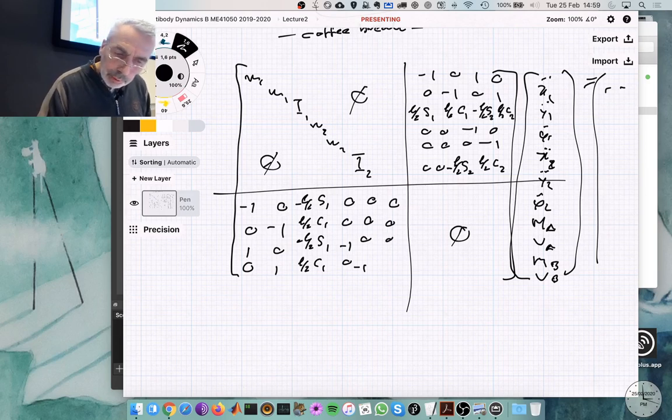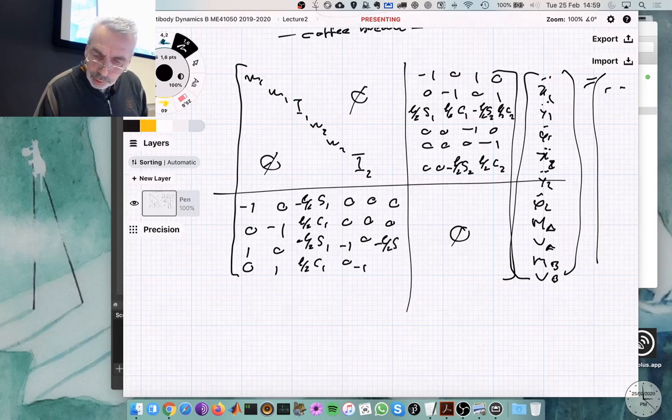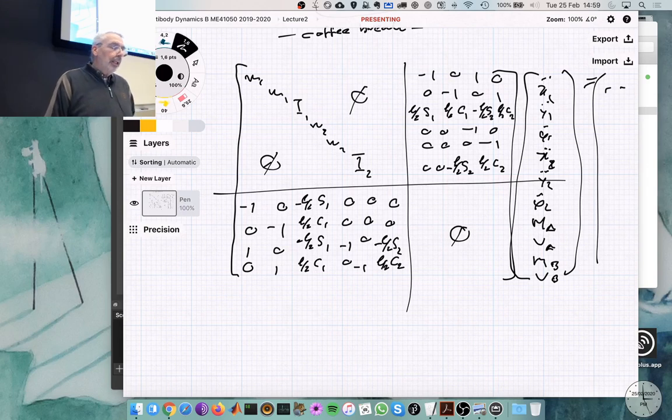No, the last is not a 0 of course. That's the minus L over 2 sine 2 and that's the L over 2 cosine 2. Now, why do I go to the trouble to write this down?